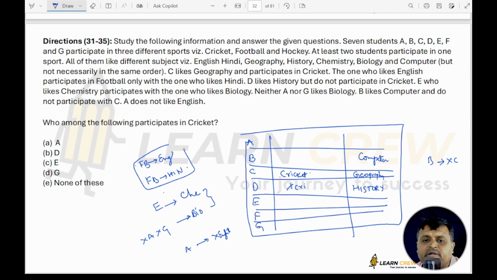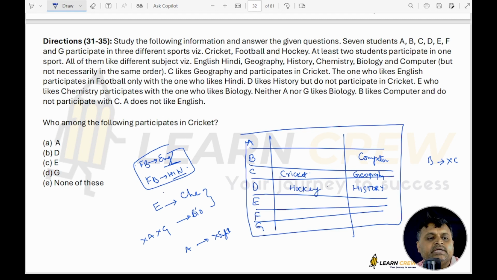These two only participate in football. If it is not cricket, the remaining is hockey. So history would be hockey, the remaining sport.